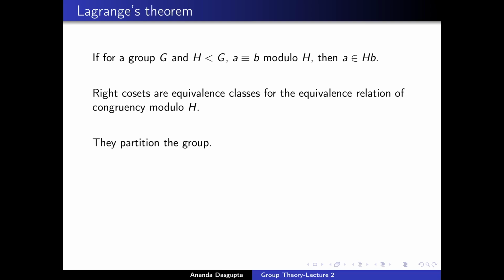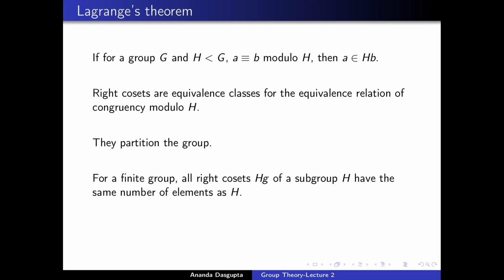Now if the group G is finite, then the subgroup H of course has to be finite. And now all right cosets HG of a subgroup H will end up having exactly the same number of elements as capital H. Now why is that the case?